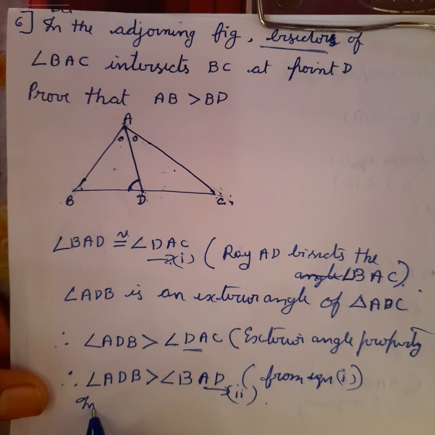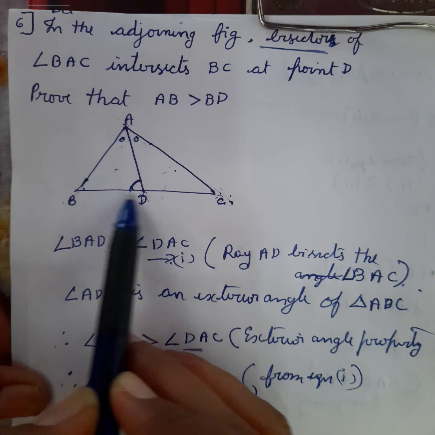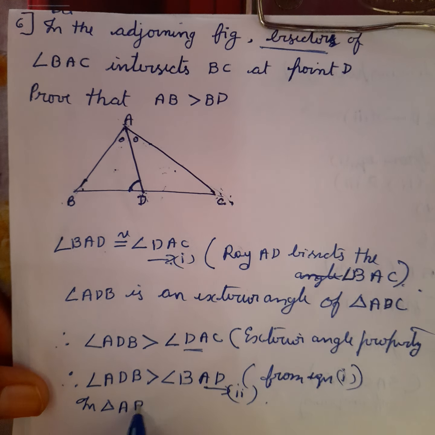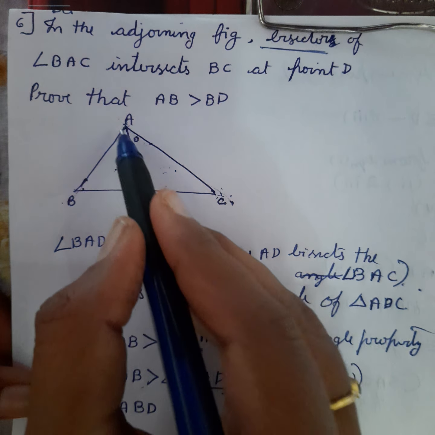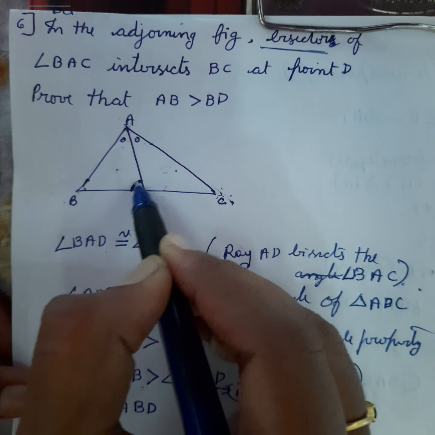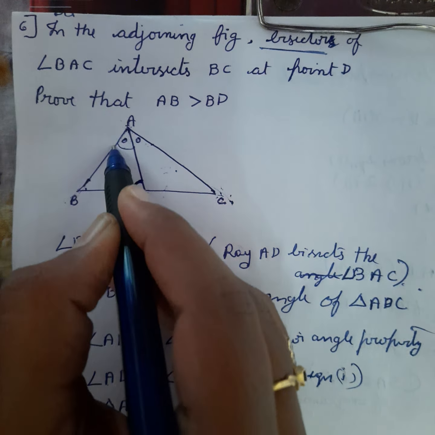Now I am considering triangle ABD. Now forget about this triangle. In triangle ABD, where is angle ADB? This angle ADB is greater than BAD. BAD is this.